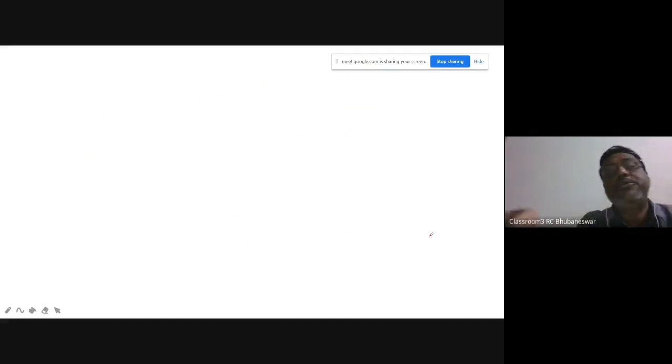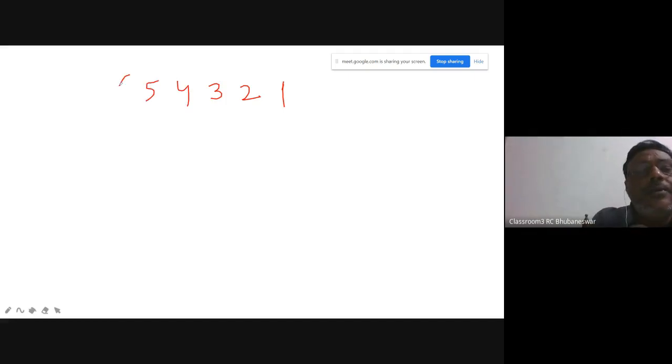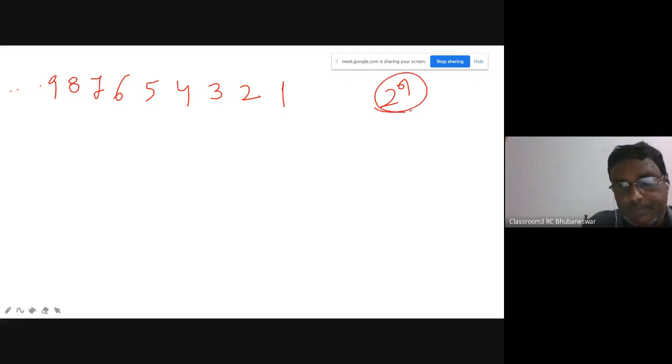Now, if you see our positions like this: 1, 2, 3, 4, 5, 6, 7, 8, and continue. Remember, parity always takes the position 2 to the power n, where n is any integer starting from 0.